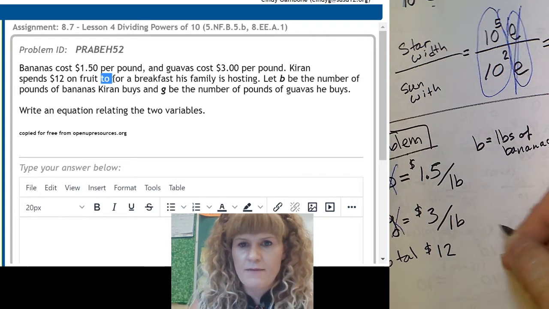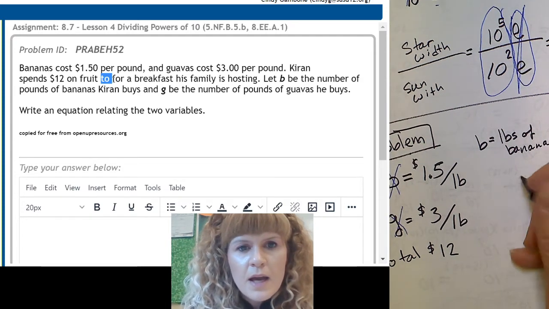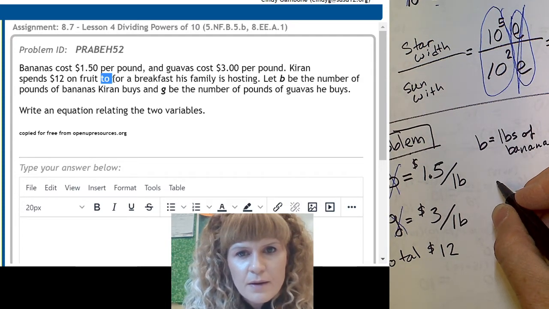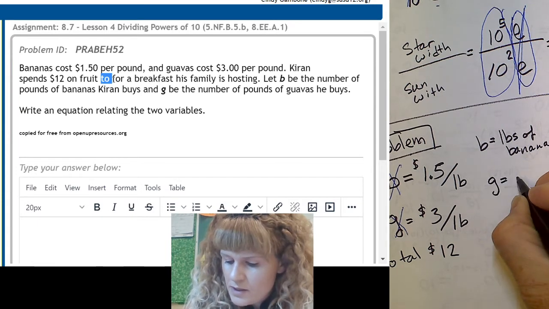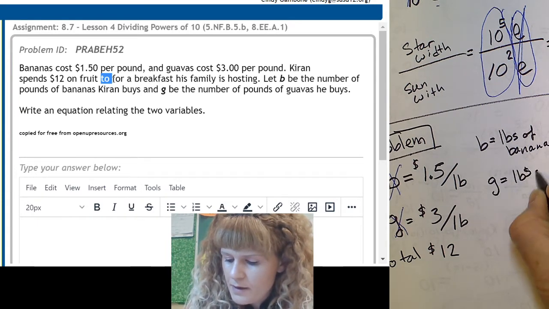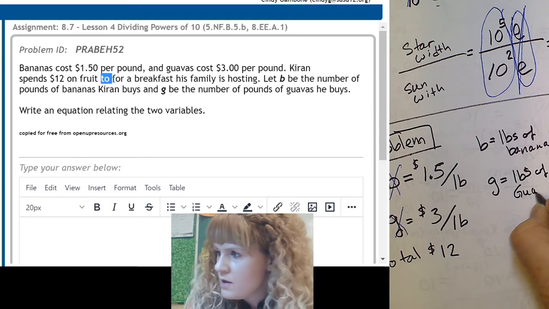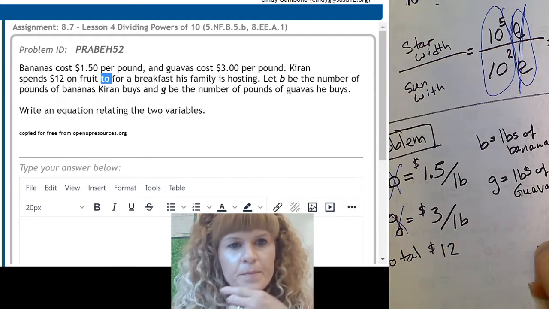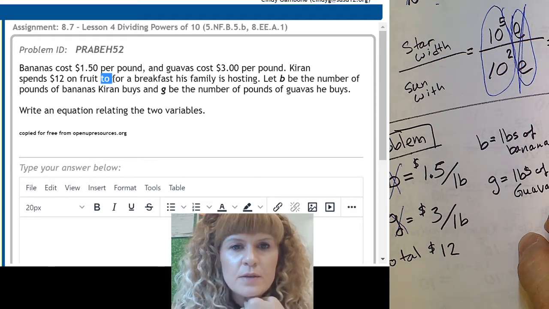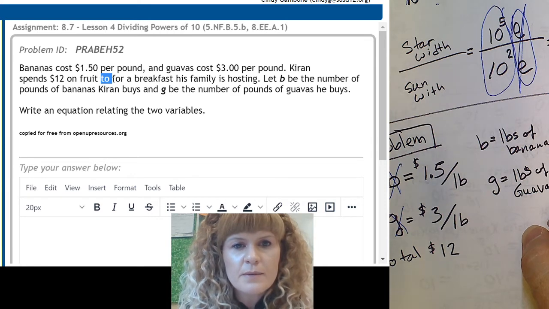Okay, so I have to change my variables. Okay, no problem. And G is the pounds of guava. G equals pounds of guavas.